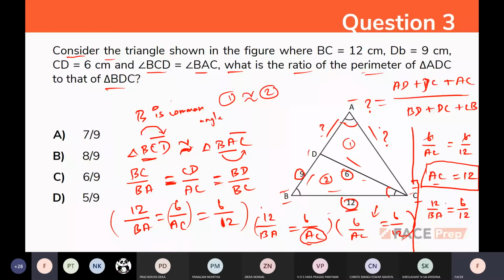So BA is equal to 24. BA is equal to 24. Sorry, I missed something. If anyone found any mistakes, the mistake is here.